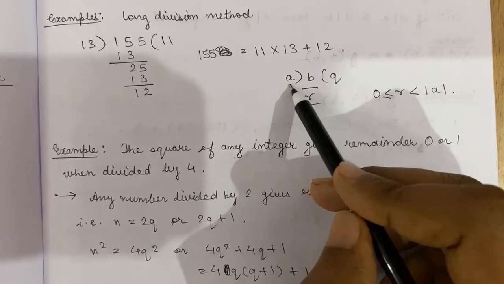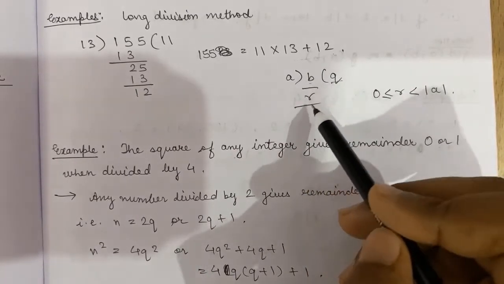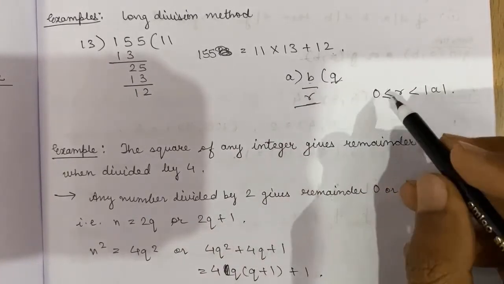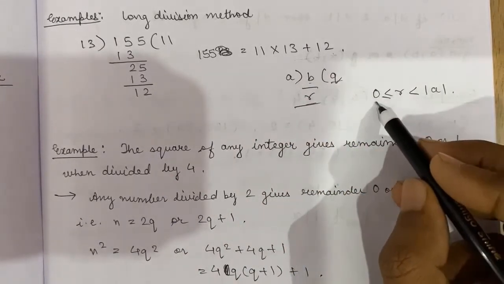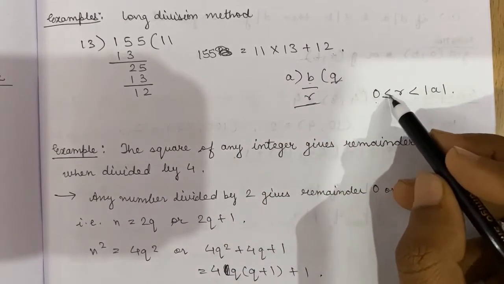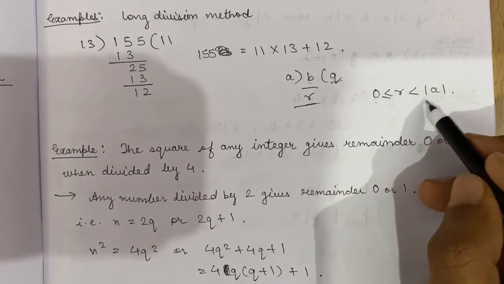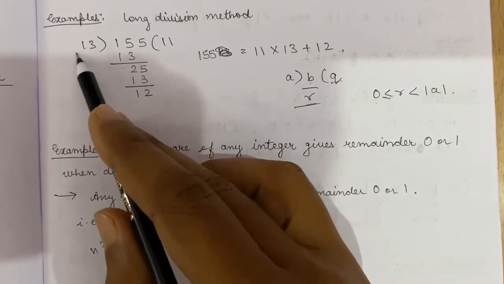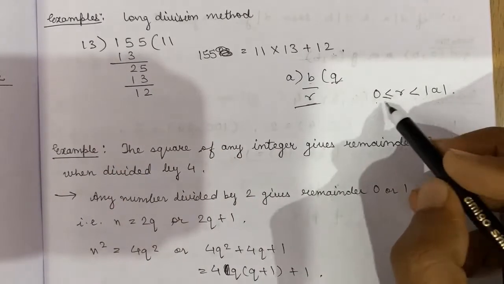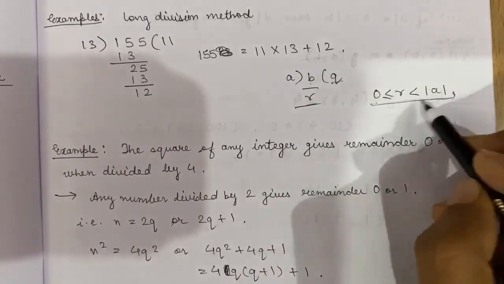A is the divisor, B is the dividend, Q is the quotient, and R is the remainder. And we stop the division when we get R greater than or equal to 0 and less than mod A. Earlier we would not have divided by a negative number, but it seems general to divide by negative as well.